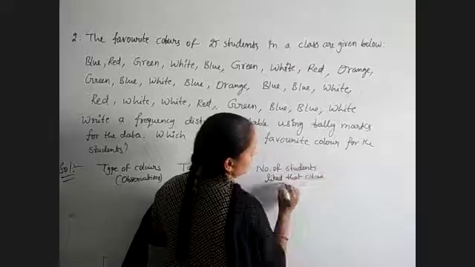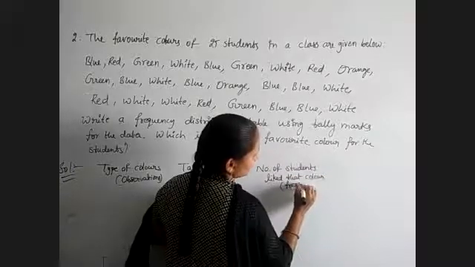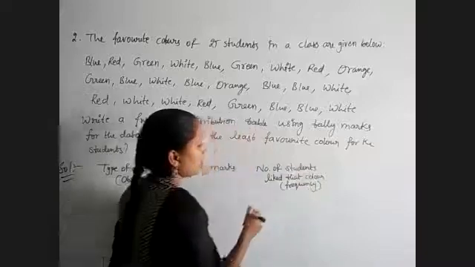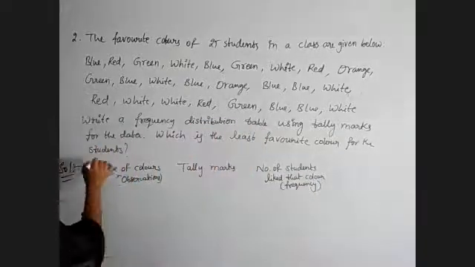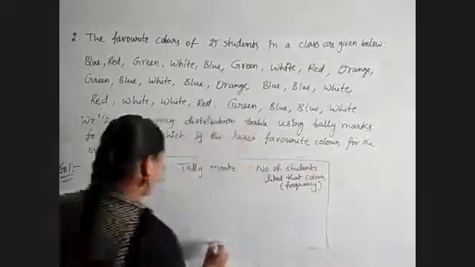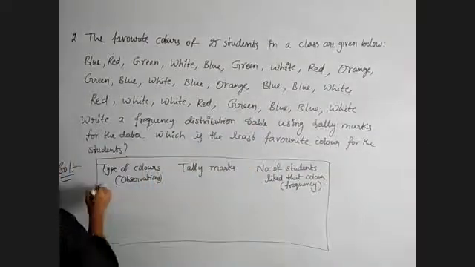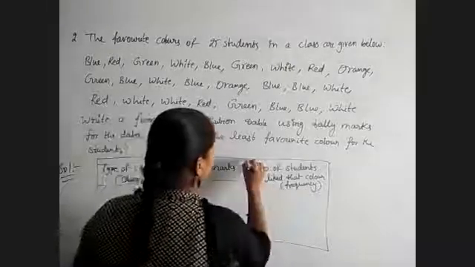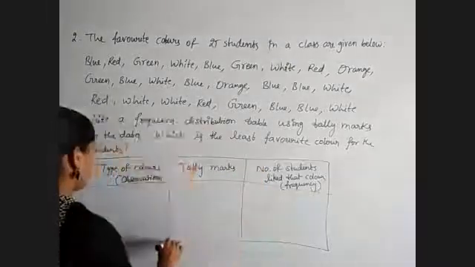That is frequency. Okay, now just prepare the table first. After that, we will write the answer. So before that, how many types of colors are mentioned in this table, we must know.